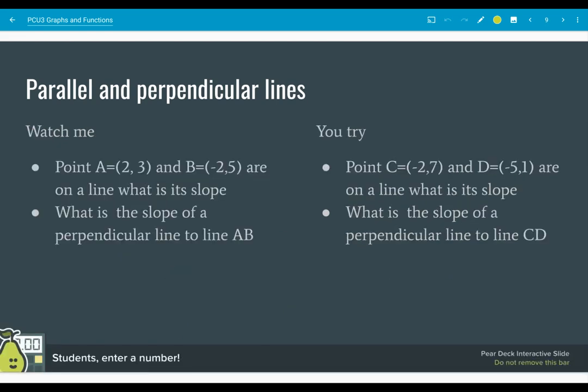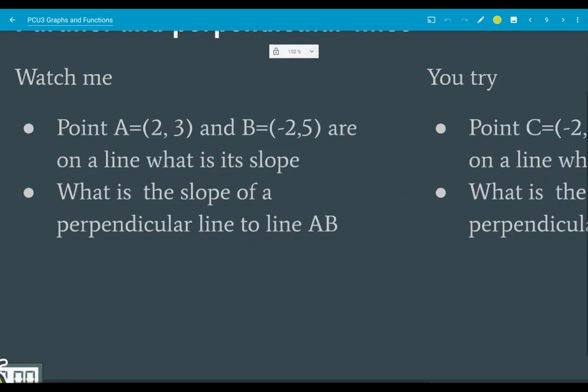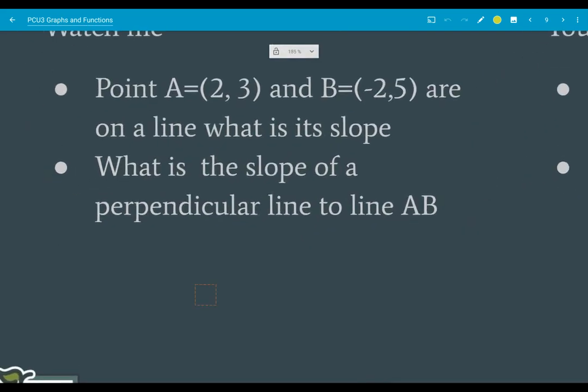So let's take a look at this one here. We have A is 2 comma 3, and B is negative 2 comma 5. They're on a line, and we want to know what the slope is. So I'm going to do change in y over change in x.